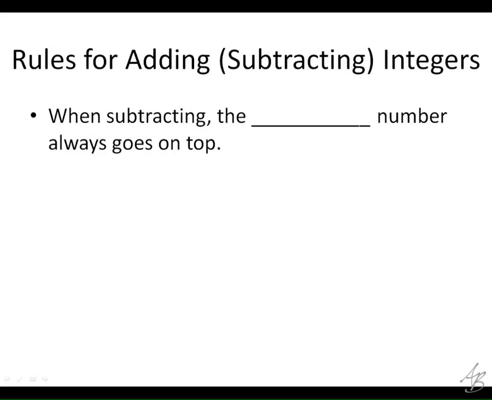When subtracting, which number always goes on top? The small number. I did skip one, didn't I? Okay, we'll come back to it. When subtracting, which number always goes on top? Oh, the big number. The bigger number has to go on top. And you guys remember when you're subtracting, you remember how to borrow?